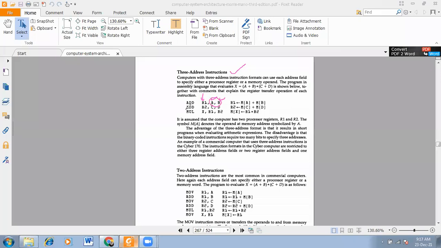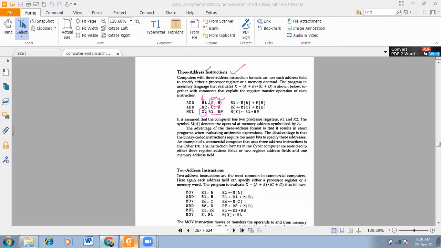Similarly, multiplication: MUL X, R1, R2. R1 and R2 must be multiplied and the result stored at X. So this becomes three addresses: R1, R2 and X. This is the example of three address, a combination of three addresses.